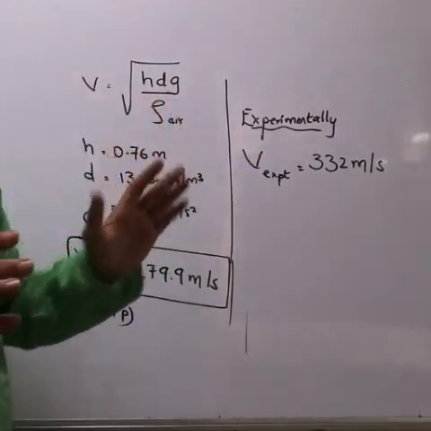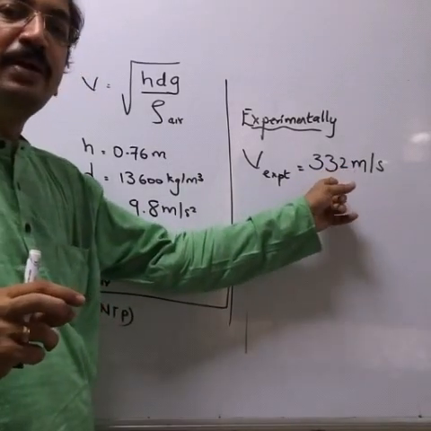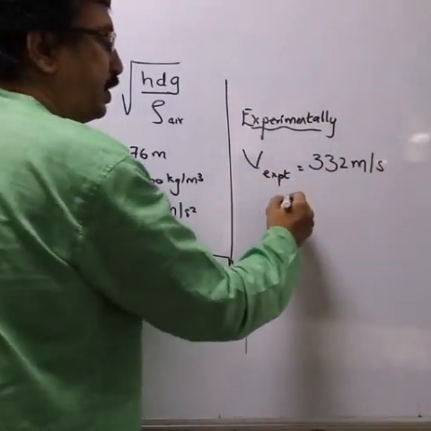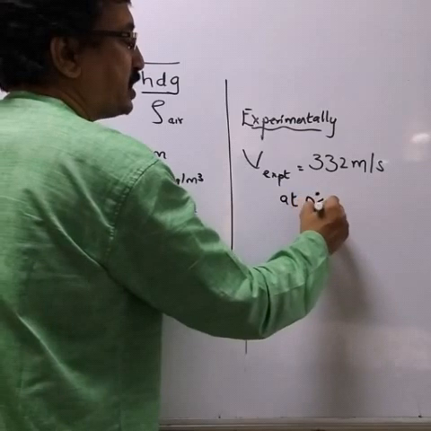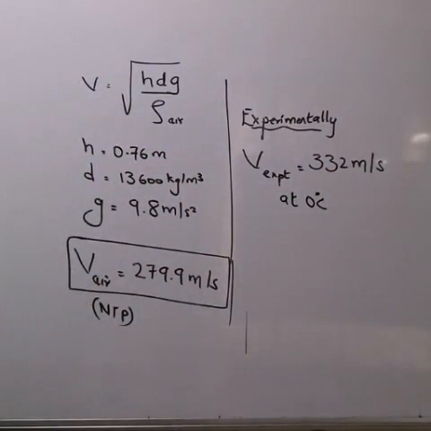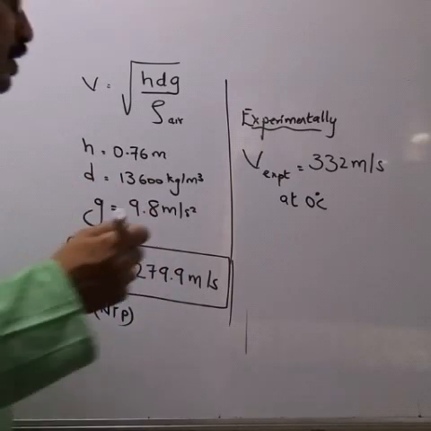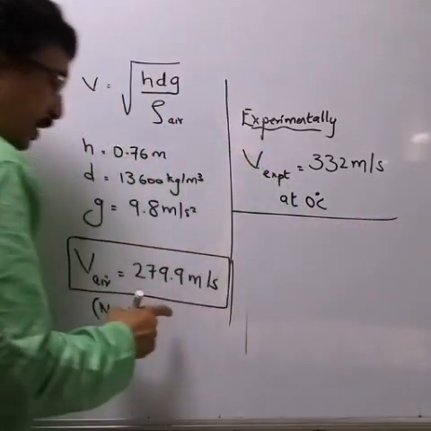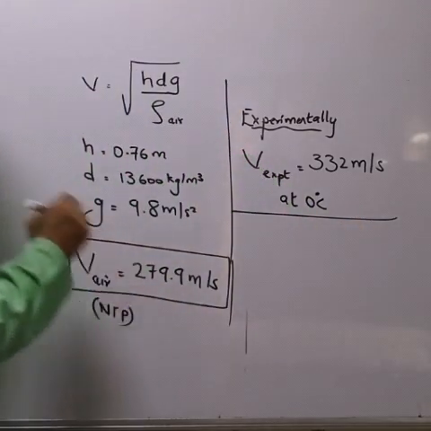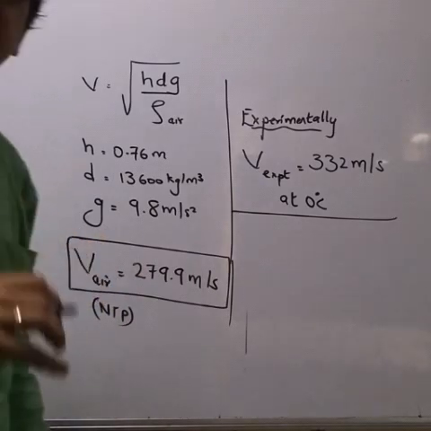But scientists carried out experiments again and again, and at 0 degrees Celsius the velocity of sound came out to be 332 meter per second and not 279.9 meter per second. So the formula may have a mistake. The formula given by Newton may have mistakes in it.